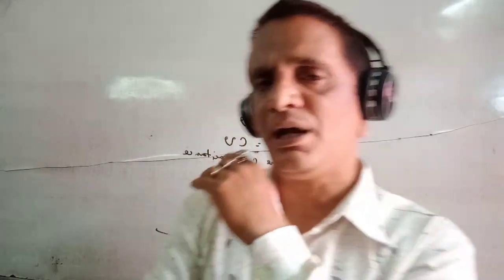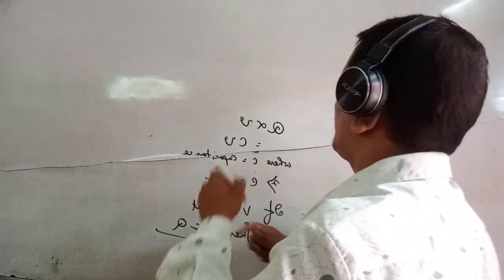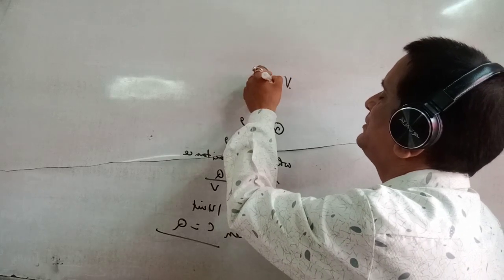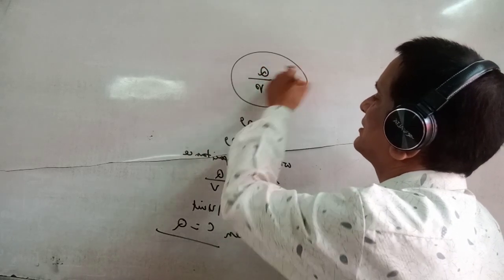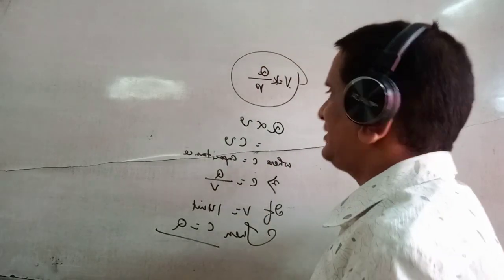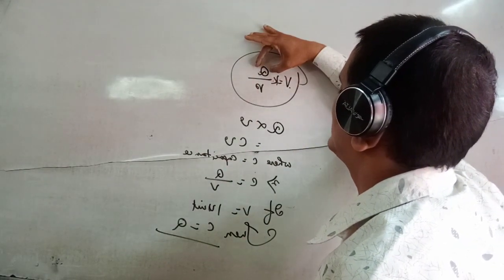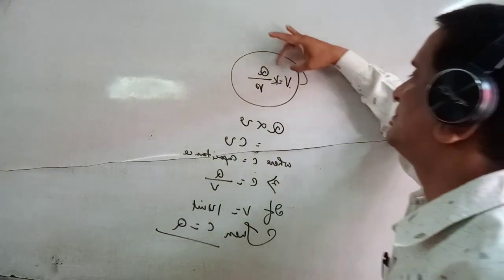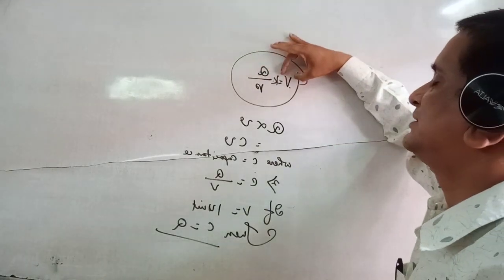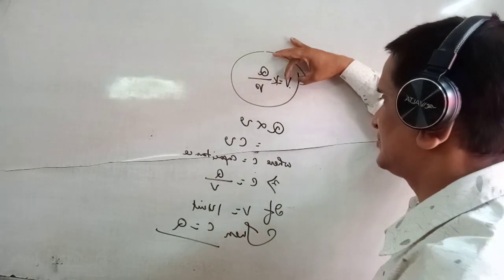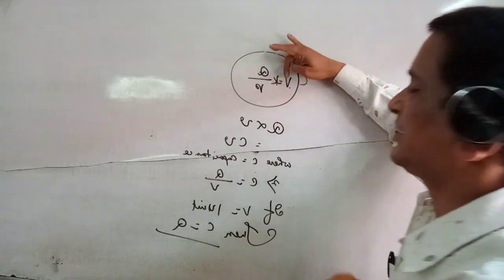You know the formula for potential: V is equal to K into Q by R. What is Q? Q is the amount of charge. So keeping the distance constant, if the charge is more, potential is more.